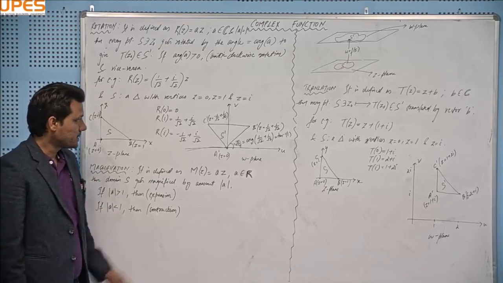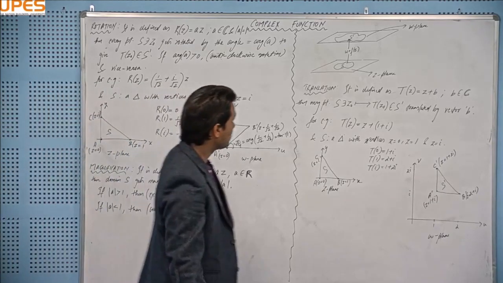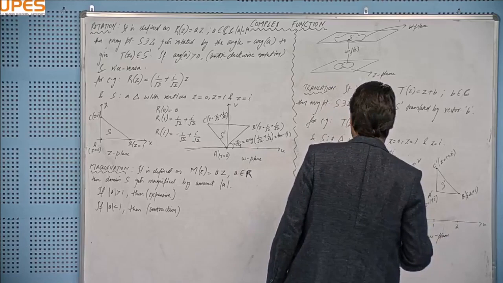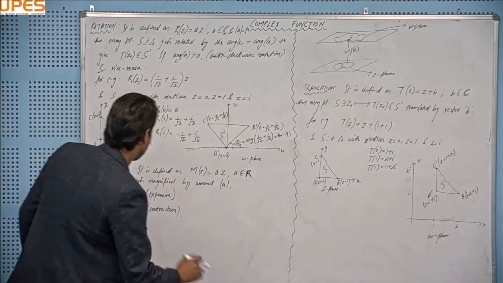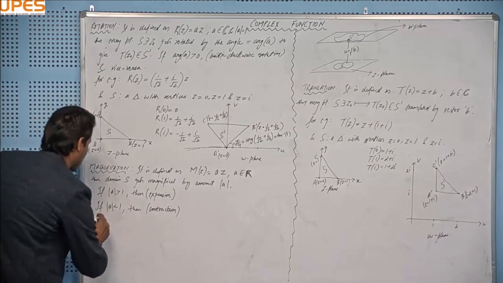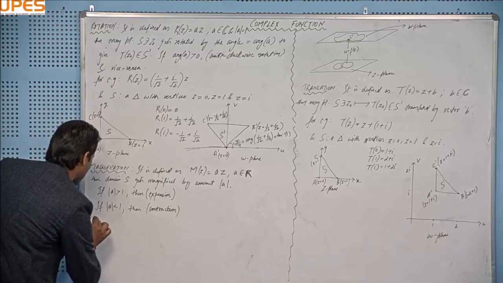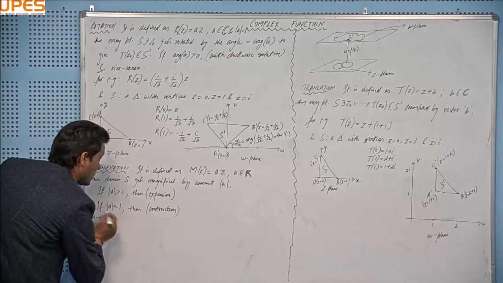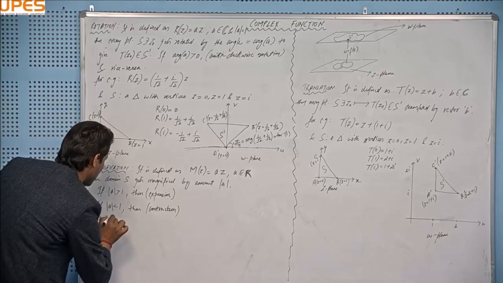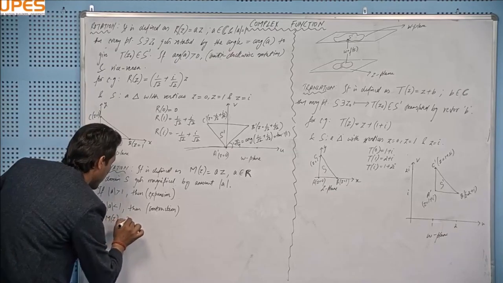Fine. Then taking the same example, I can take it right here. Okay. Same example. M(z) equal to 2 times z.